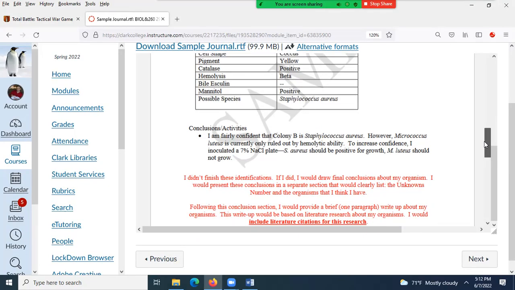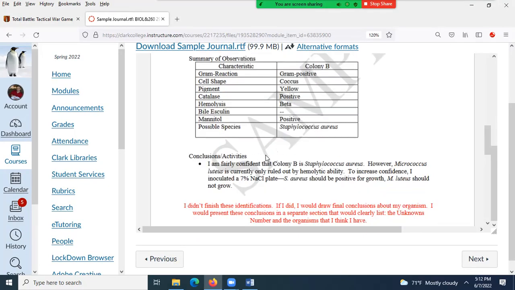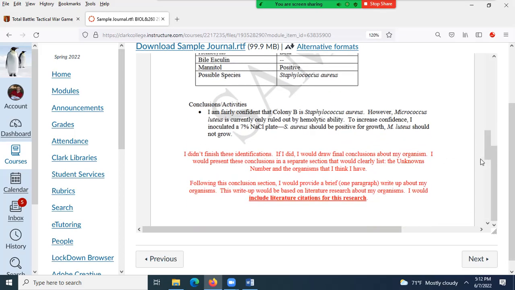All right. And in this day, the instructor put the conclusions and activities together. You don't have to have them separate, but it's probably best to just do it all the same. And the activity is he wants to inoculate a 7% sodium chloride plate. And then the reason is he has either Staphylococcus aureus or Micrococcus luteus.